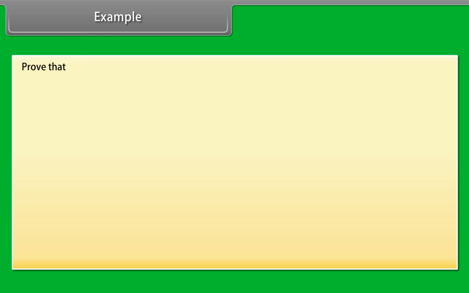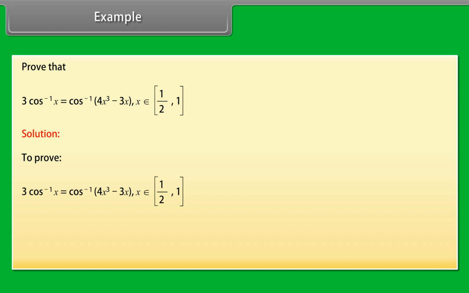Example. Prove that 3 cos inverse x is equal to cos inverse of (4x cube minus 3x), x belongs to [1 by 2, 1]. Solution. Let x be equal to cos theta, then cos inverse x is equal to theta.